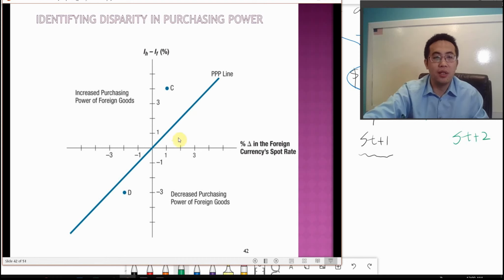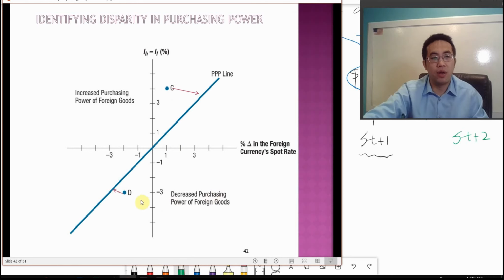Then the exchange rate will gradually change by more and more until it equals the inflation difference. In other words, when the home inflation is higher than the foreign inflation by 4%, the exchange rate should change by 4%, which is right here on the PPP line instead of at the 1% level at point C. So point C will gradually get to the PPP line.